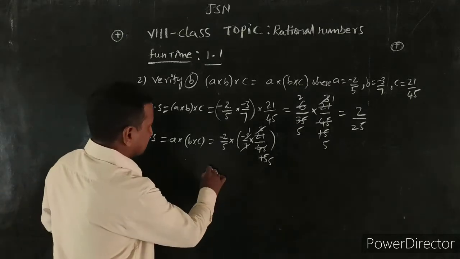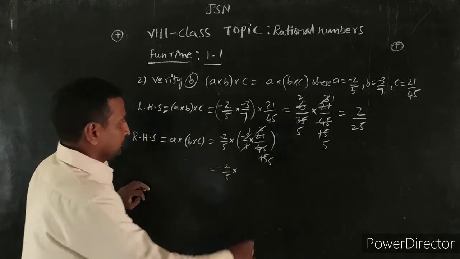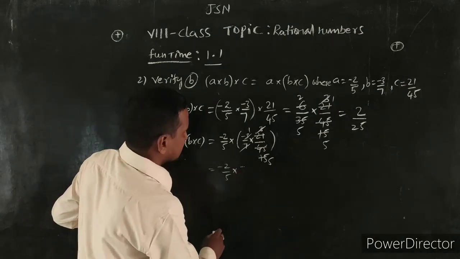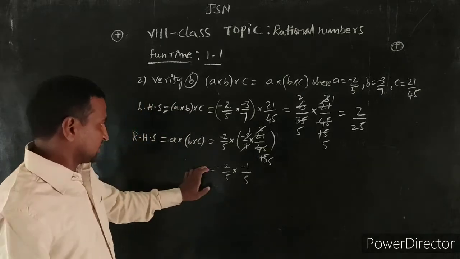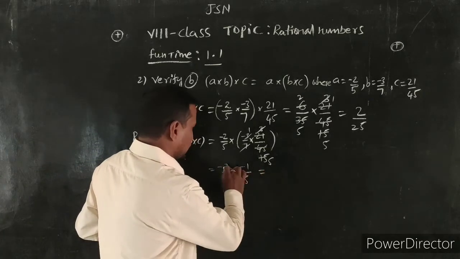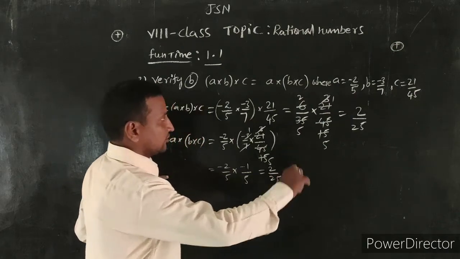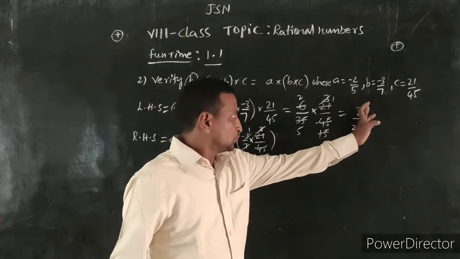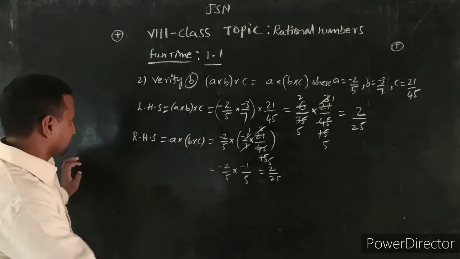So the remaining is minus 2 by 5 into minus 1 by 5. Minus of minus is plus, 2 into 1 is 2 by 5 into 5 is 25. So the LHS is 2 by 25 and the RHS is also 2 by 25.